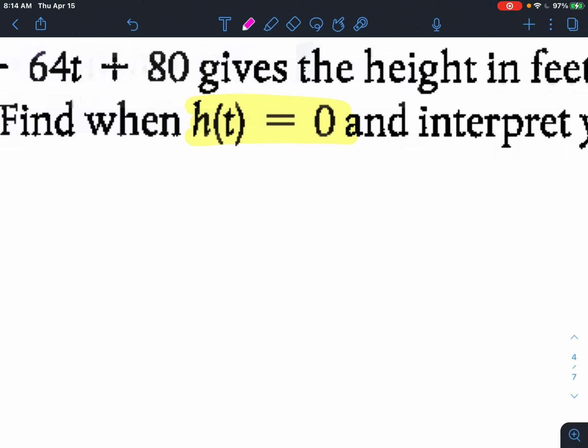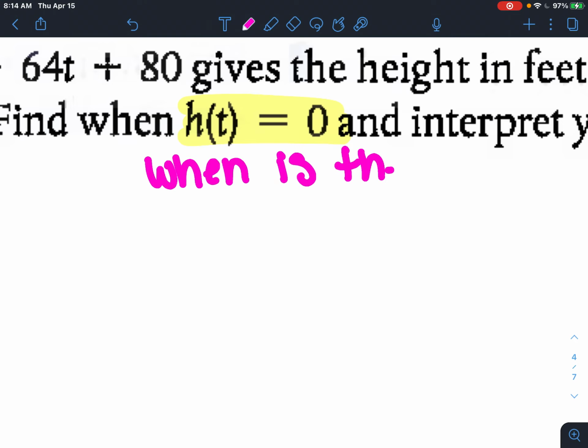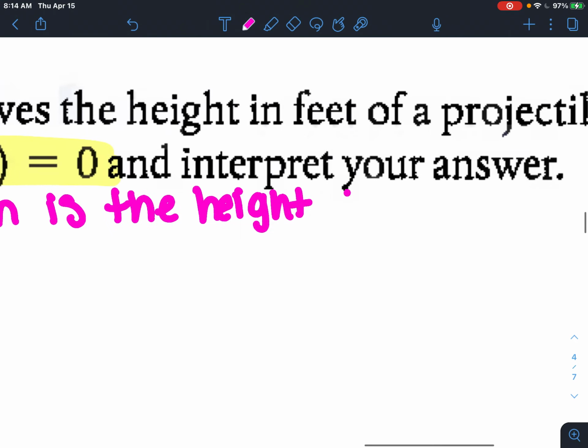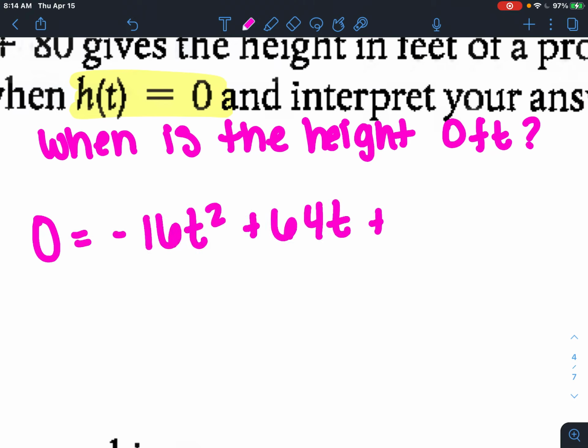Okay, h of t is the height in feet of an object. So we are essentially looking for when is the height 0 feet. So we are going to go 0 equals negative 16t squared plus 64t plus 80.